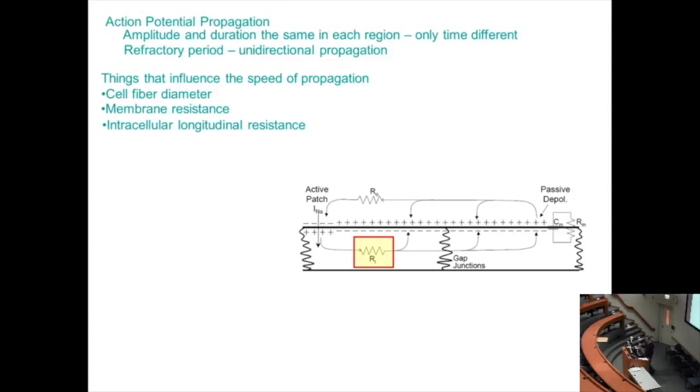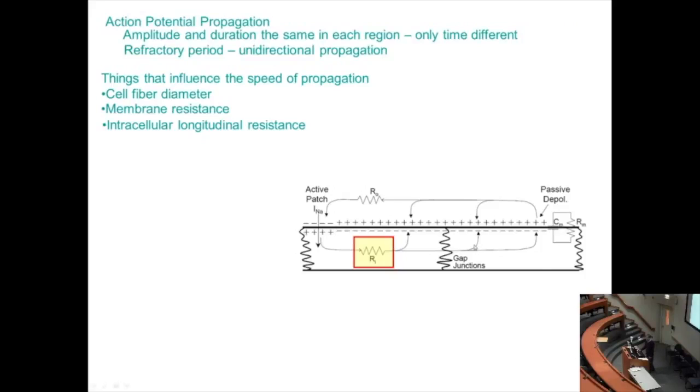Intracellular longitudinal resistance really isn't terribly relevant. It's the ease with which charges move longitudinally along this membrane. So I think you can see that the easier this charge moves to underneath this little patch of membrane, the easier it is going to be to depolarize that membrane and for the action potential to propagate.